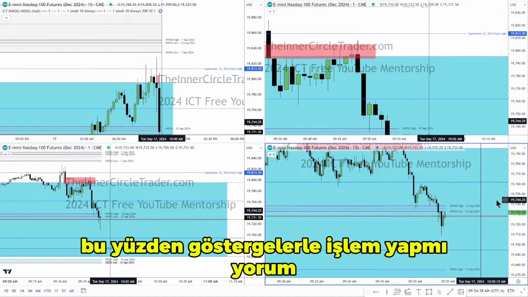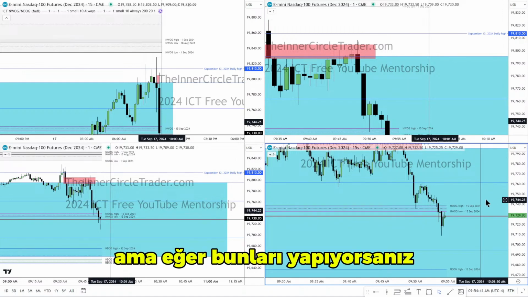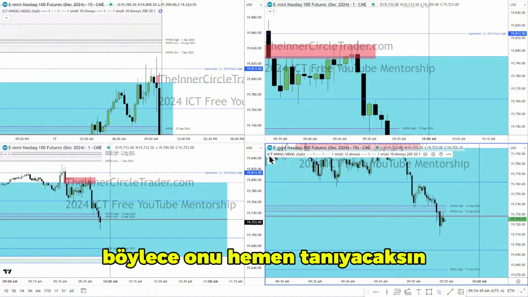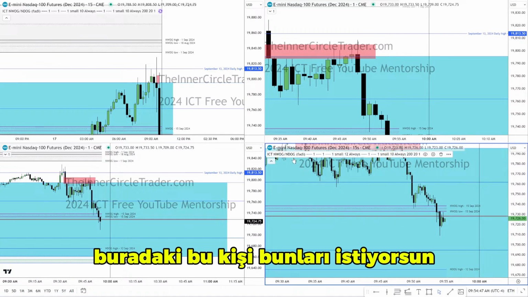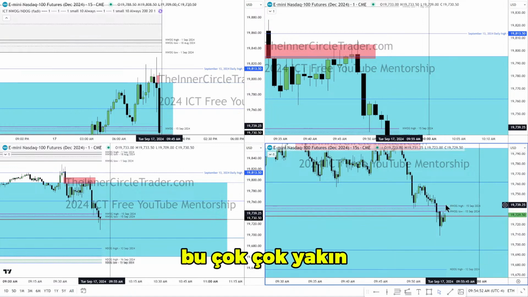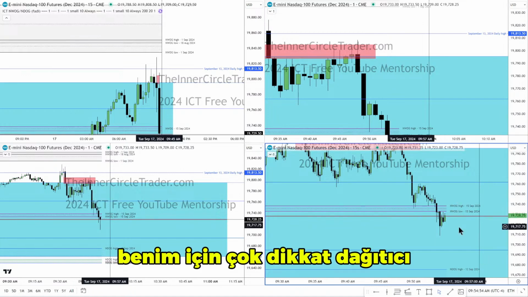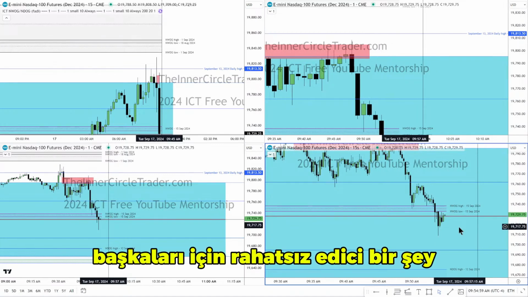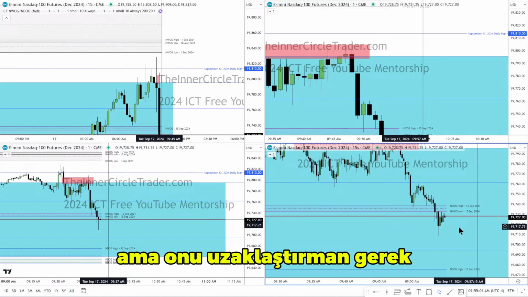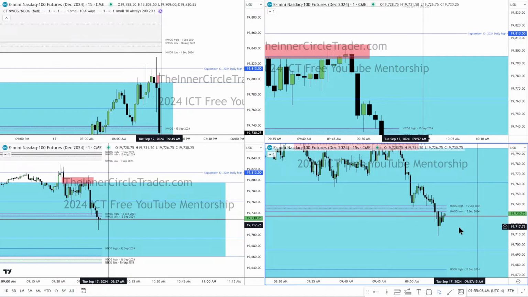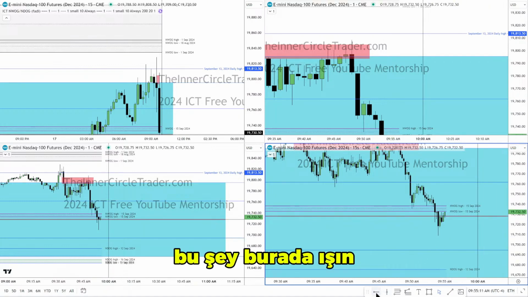So I don't trade with indicators, but if you are making these, or if you're the author of this one, and I'll show you which one this is so you'll recognize it right away. This person here. You want these a little bit further away from price. It's too close. It's very distracting for me. I don't know if it's a bothersome thing for anyone else, but you need to have it away. I would prefer having it set up the same way as this thing here, the ray.